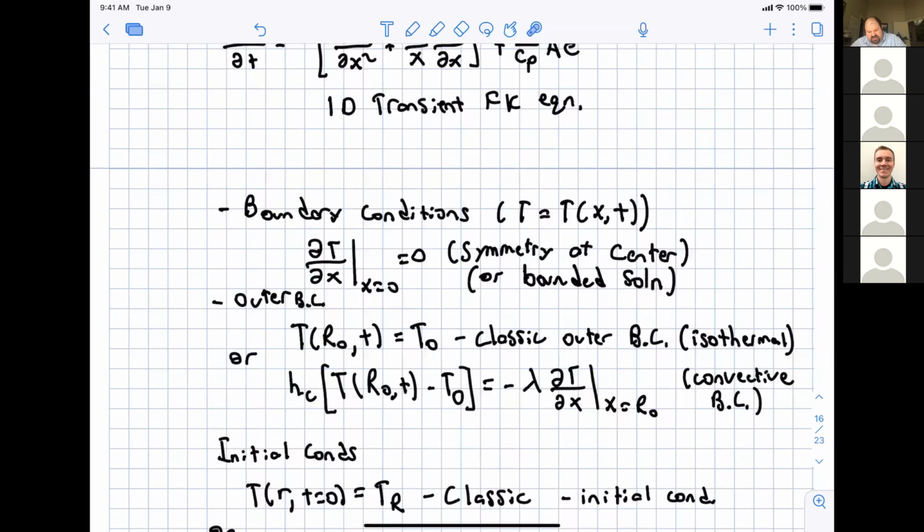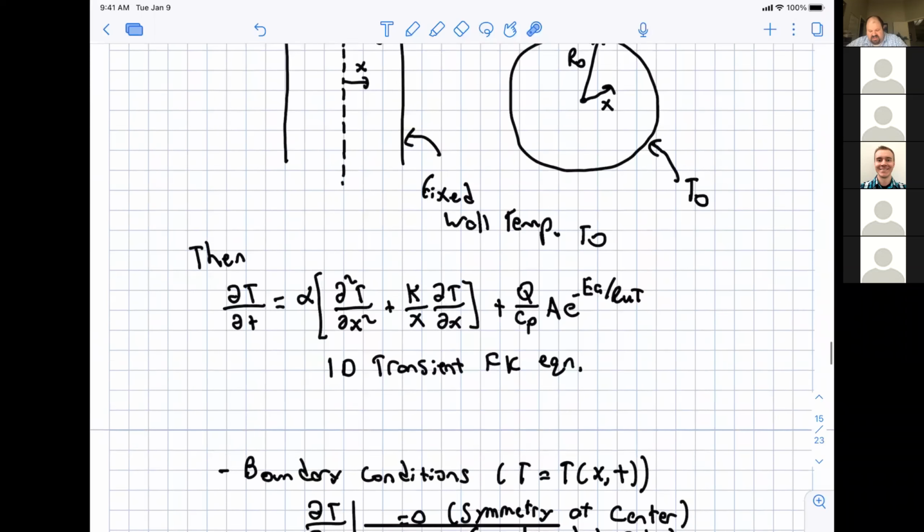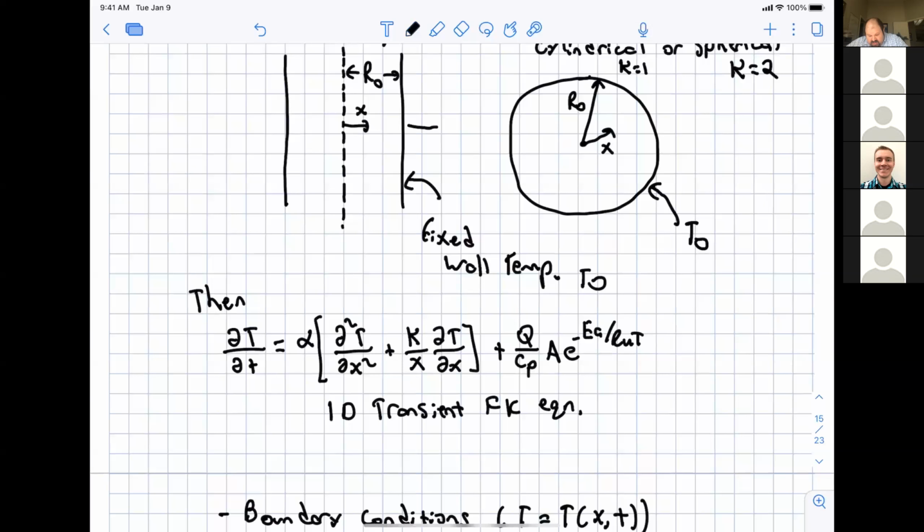Or what is done quite often too is you can use a convective heat boundary condition, where the rate of convective heat loss through the surface has to be equal to the rate of heat conduction on the very outside.